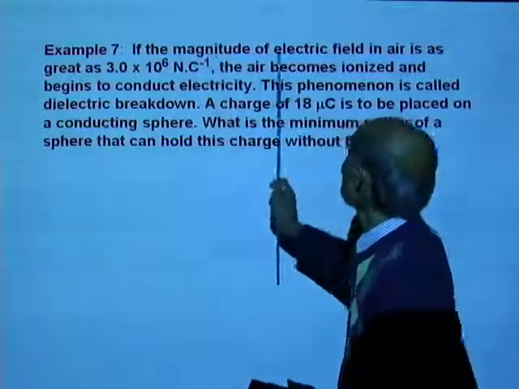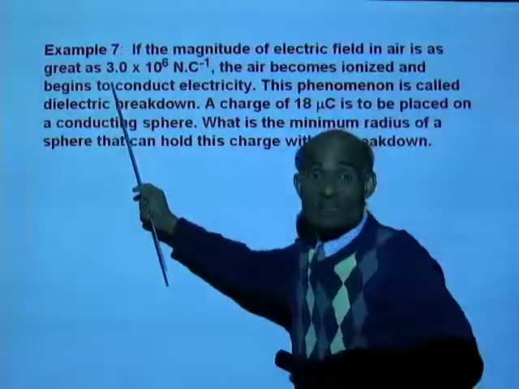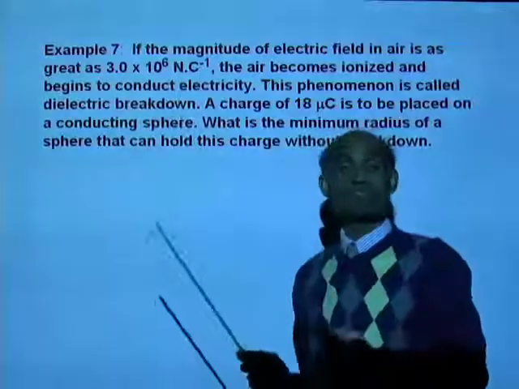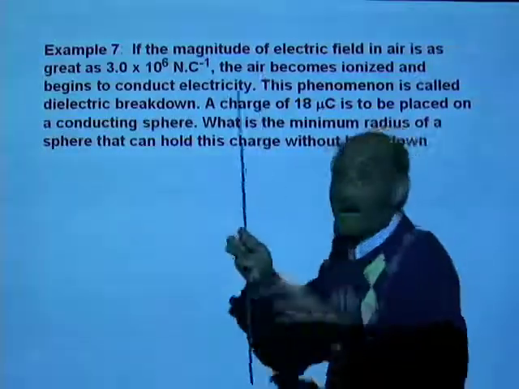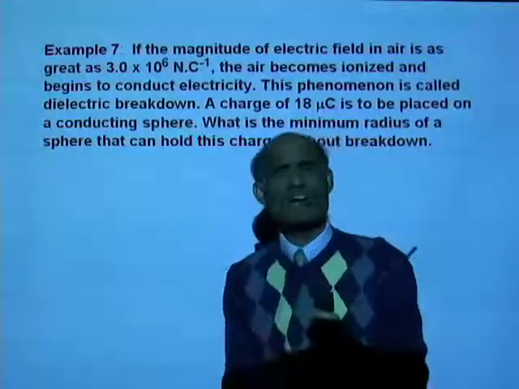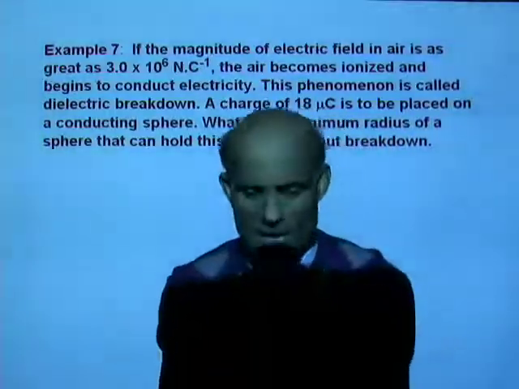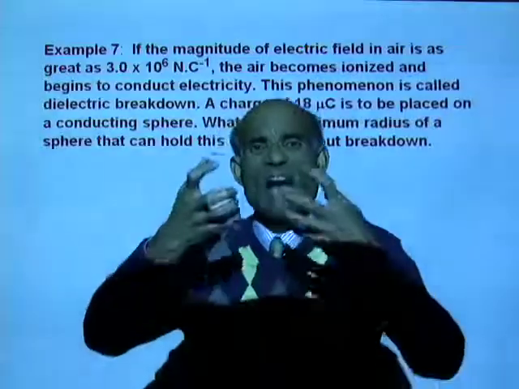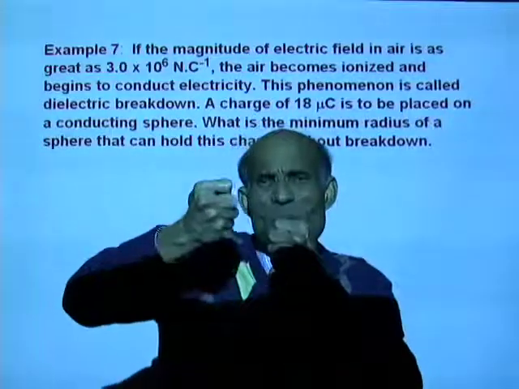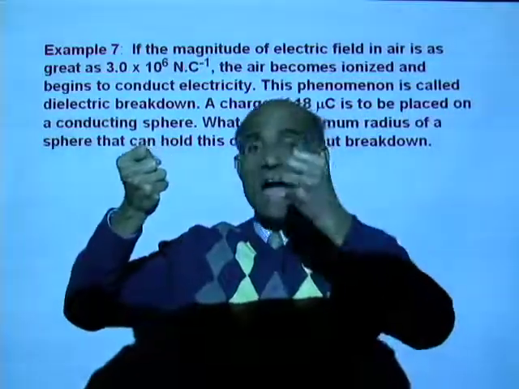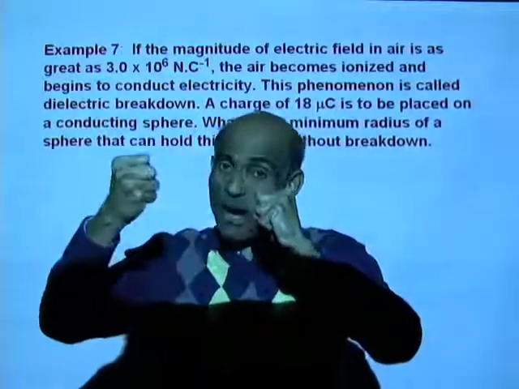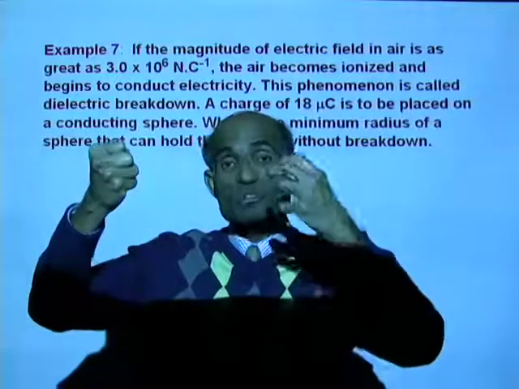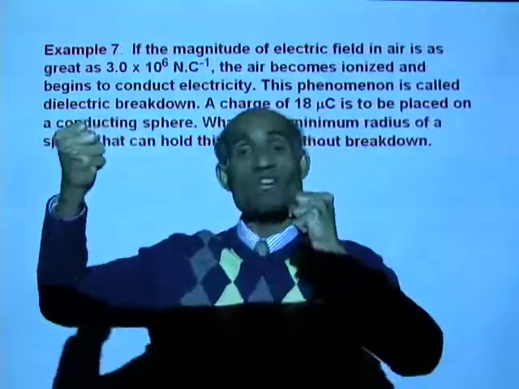If the magnitude of the electric field is as great as 3 times 10 to the 6 Newton per Coulomb, the air becomes ionized. What's the meaning of ionization? Air becoming ionized means the atoms of air get ripped apart. You know, an atom as a whole is neutral. If it gets ripped apart, then it produces a positive part and a negative part.